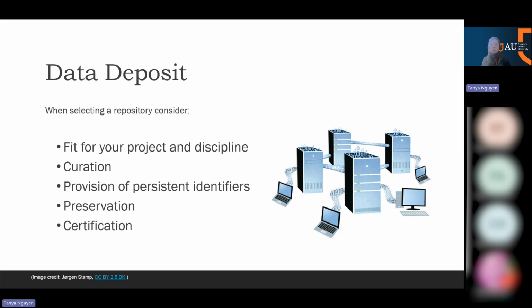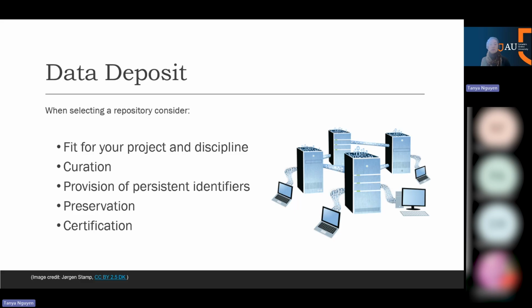Okay, so when you're selecting a repository for your data set, these are some things to consider. What kind of repository should I deposit my data in? Does it fit your project and discipline? Does it provide curation? So curation is about how curators can work with you to make your data more FAIR.